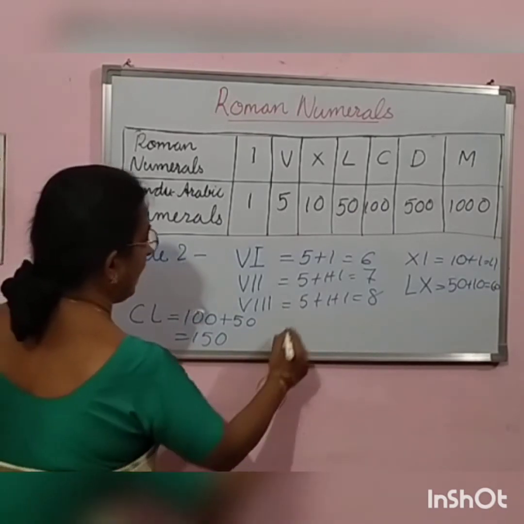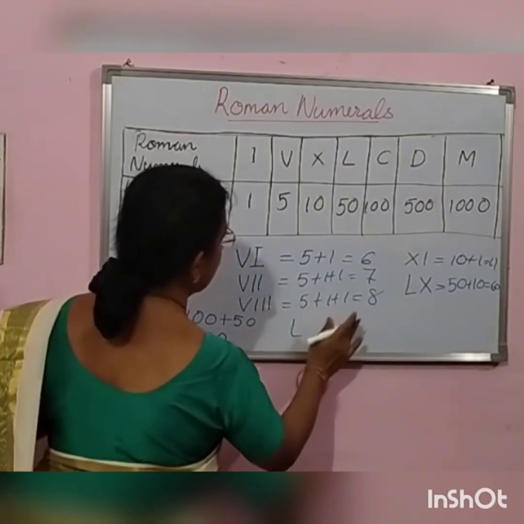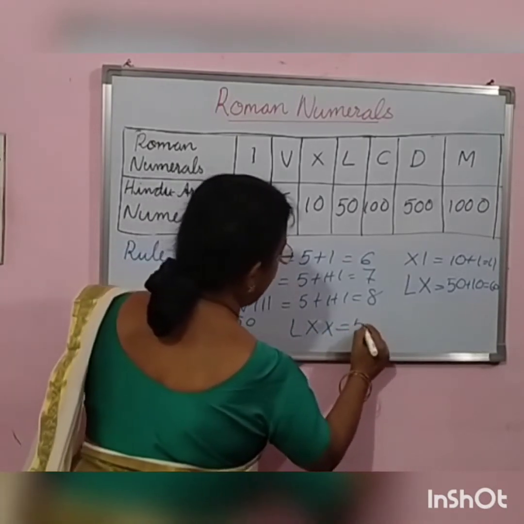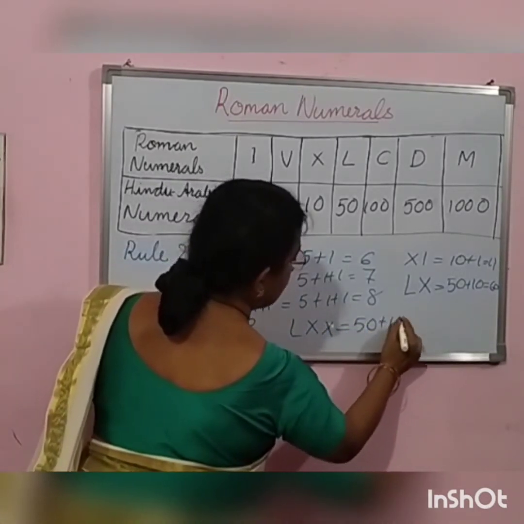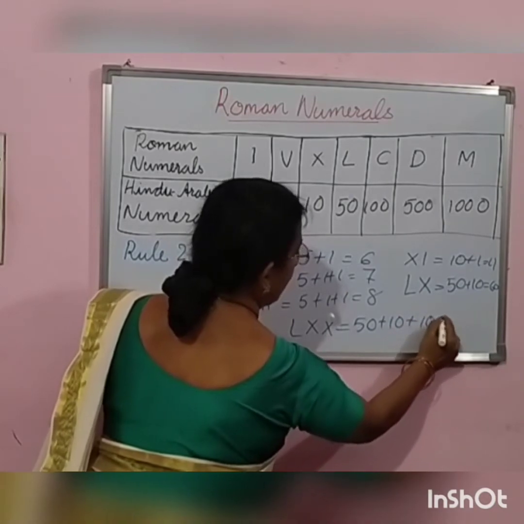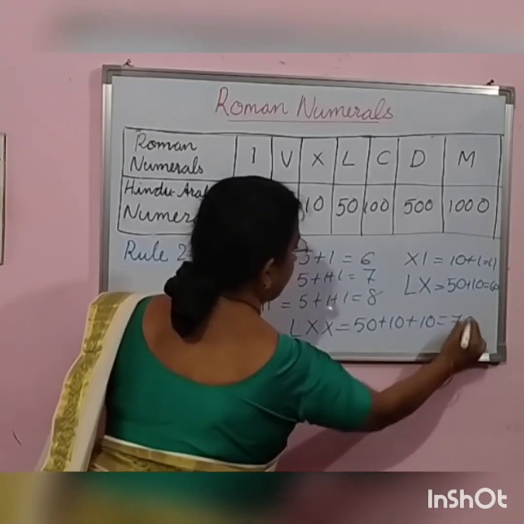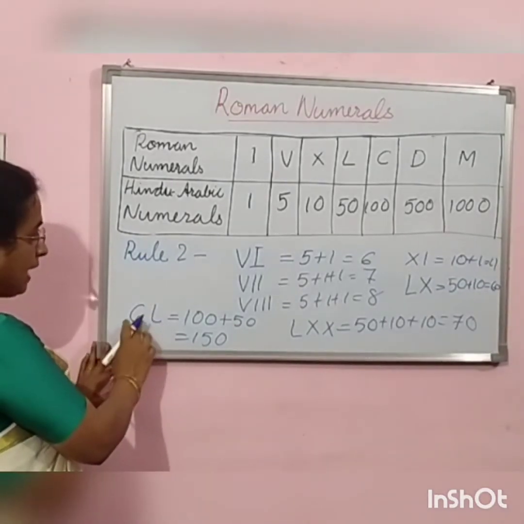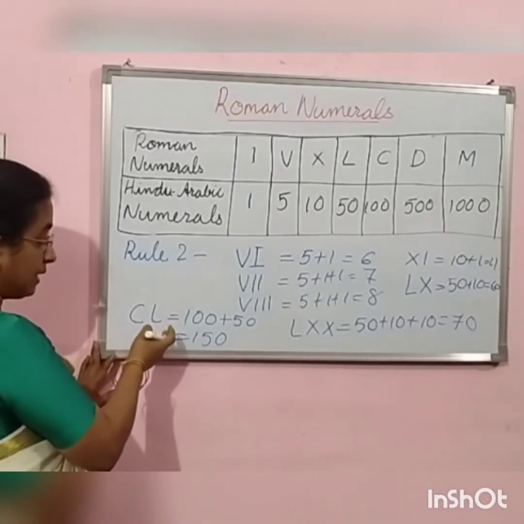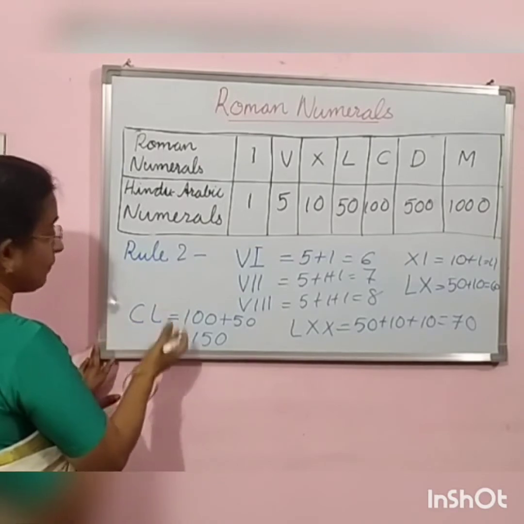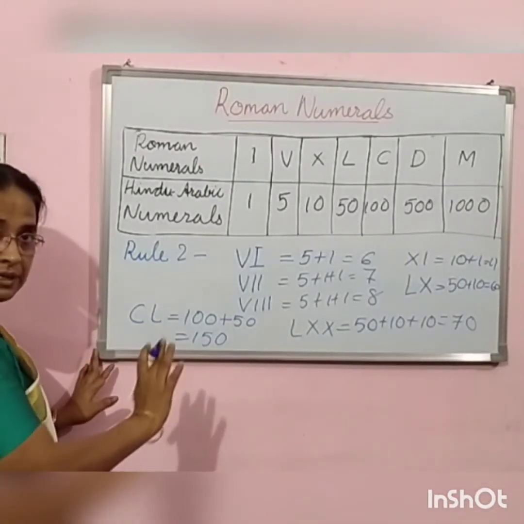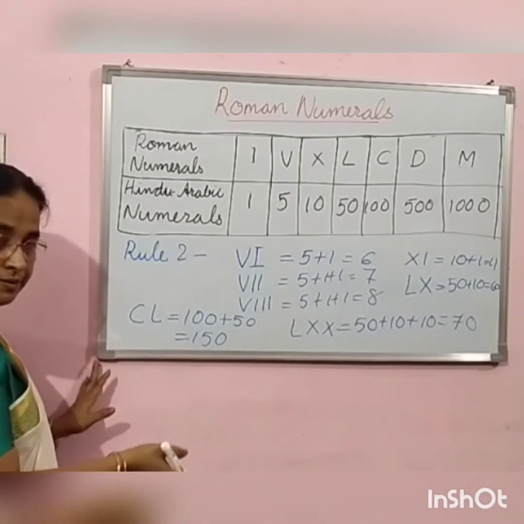Then L and X, LXX: 50 plus 10 plus 10 equal to 70. The smaller digit is added to the right after the greater one, so the value is increased.